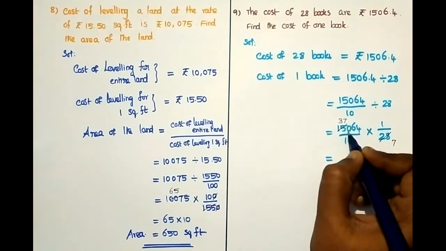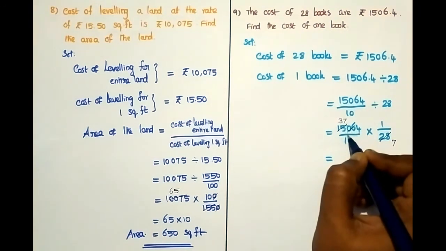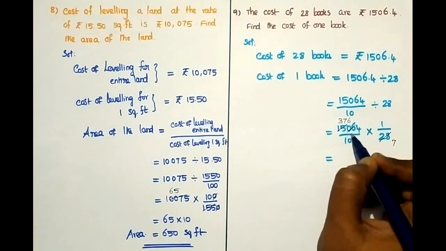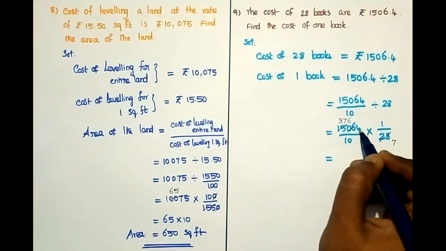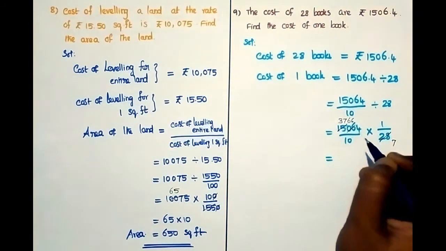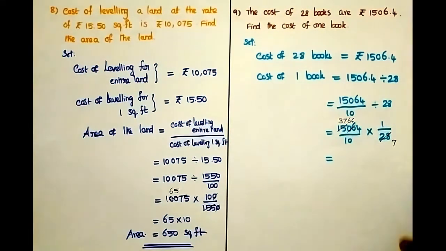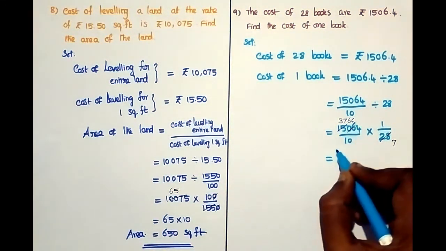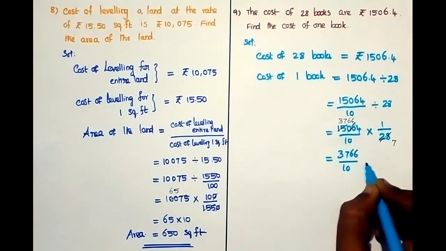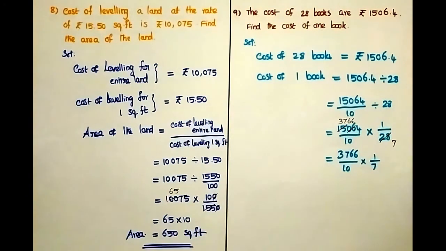7 4s are 28. Balance 2. It becomes 26. 6 4s are 24. Balance 2. Again it becomes 24. So 6 times. Write down the number into 1 by 7 now.